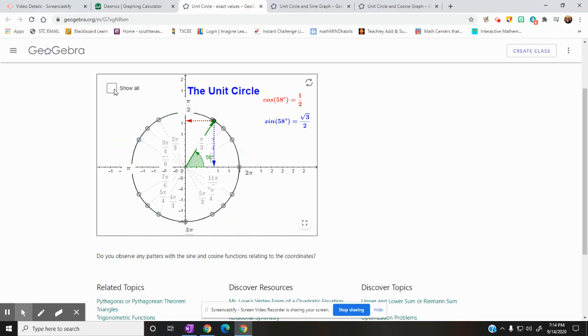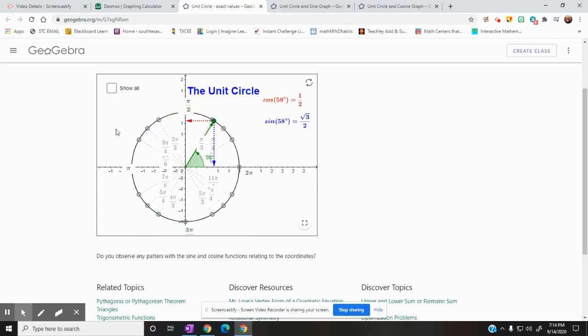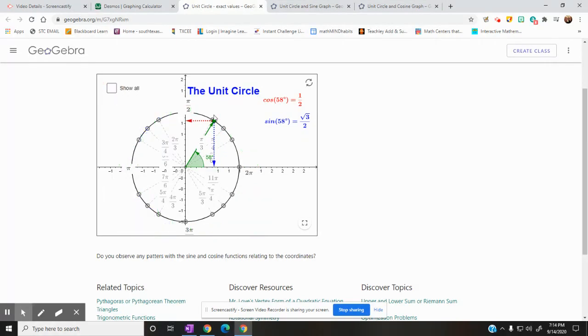So this would be 1/2. The cat is out of the bag. There's a lag. Yeah, there's a lag because I'm recording. So it'd be 1/2, and then square root of 3 over 2.